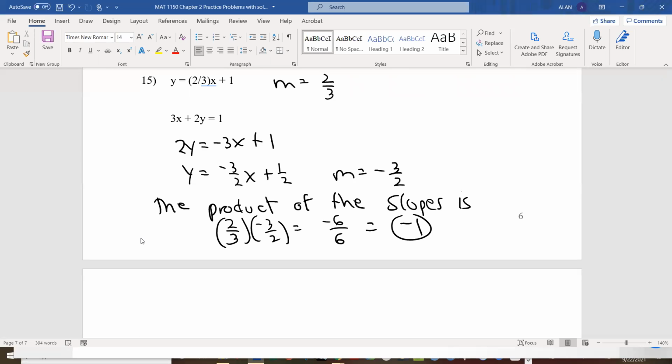So once again, that indicates that these are perpendicular. The product of the slopes is -1.